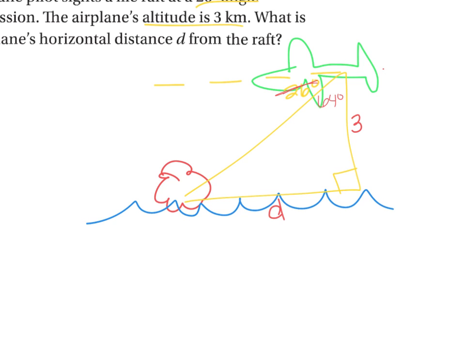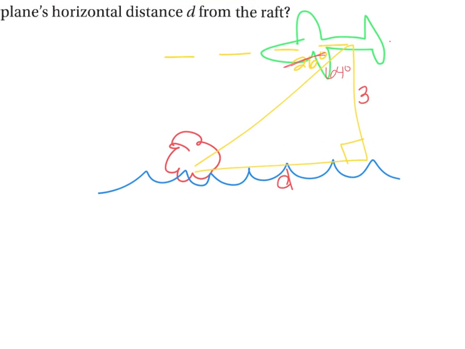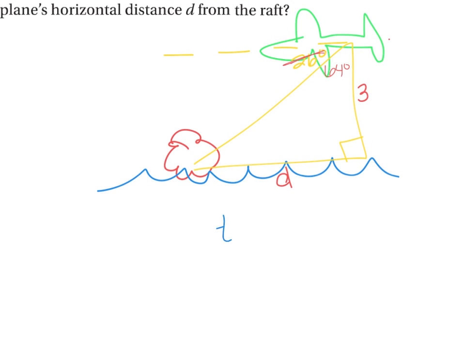So now we're trying to find which side is d to 64 degrees. Well, that's opposite. So we need the opposite side, and then we have the adjacent side. So it looks like we're using tangent. So the tangent of 64 degrees equals, opposite goes on top, so d over 3. All right, let's solve. Multiply both sides by 3. So those cancel.